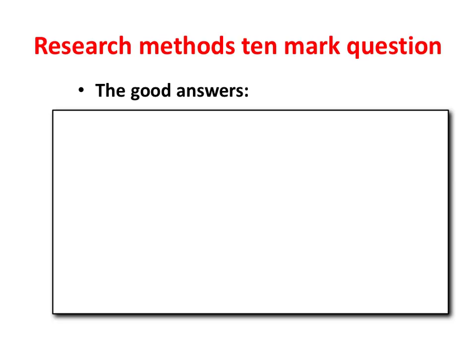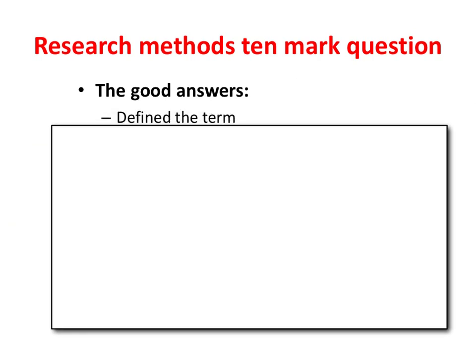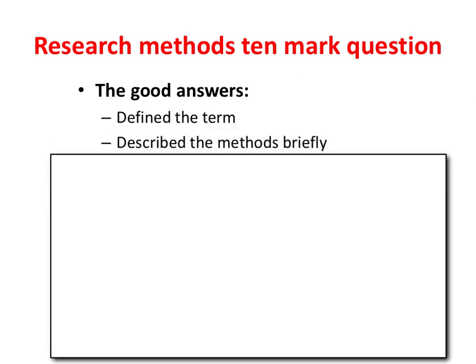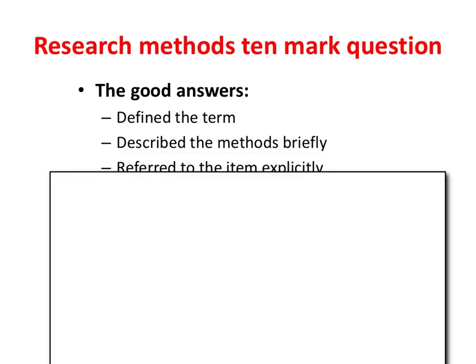For this question that we've just looked at, the examiners said that the best answers had a clear definition of the term qualitative data. They described the methods that we would associate with the production of qualitative data, so they correctly identified those methods that produce qualitative data.